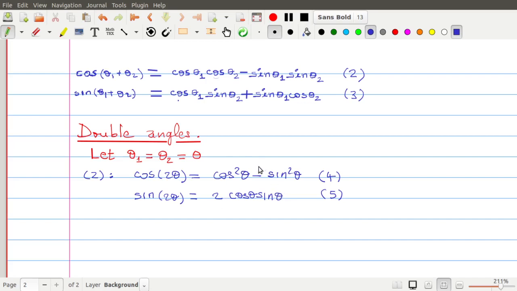Okay, let's do that. So this 4, if we substitute using formula 1, from 1 we know that we can write cosine square theta to be 1 minus sine square theta, right?